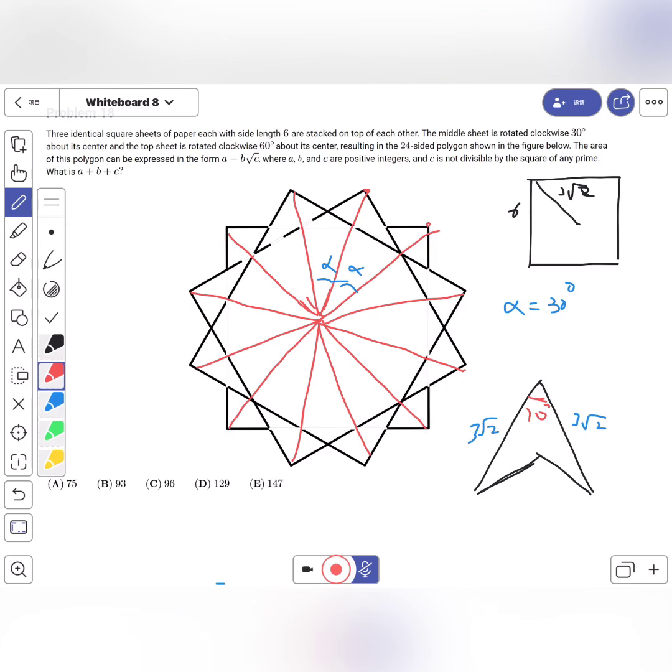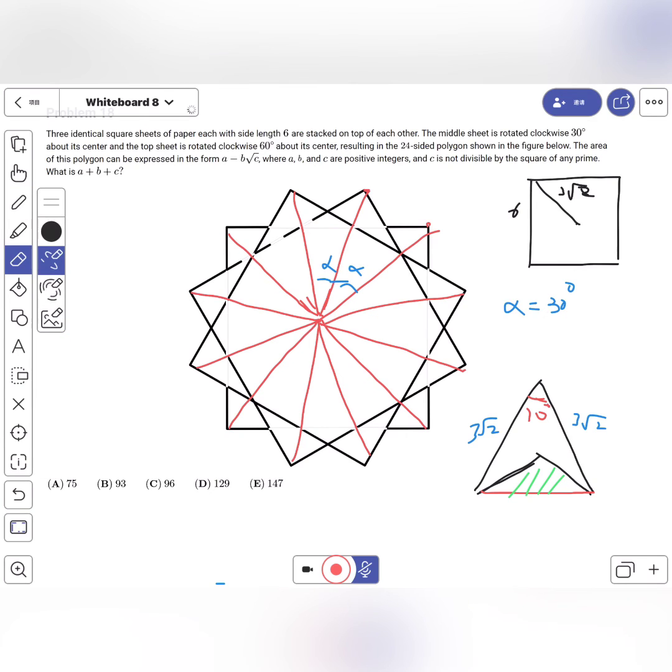We can try to complete this shape into a triangle that we know: an isosceles triangle with two sides 3 root 2, 3 root 2, and the middle angle 30 degrees, subtracted by the little triangle over here, which is 1/3 of an equilateral triangle.